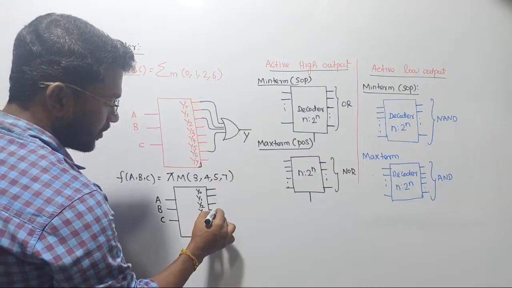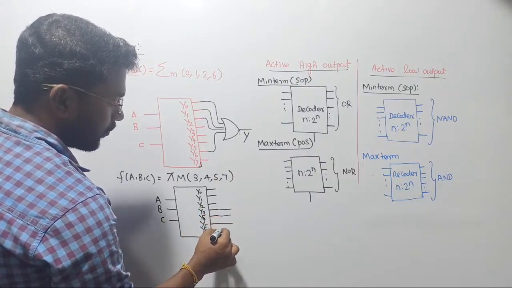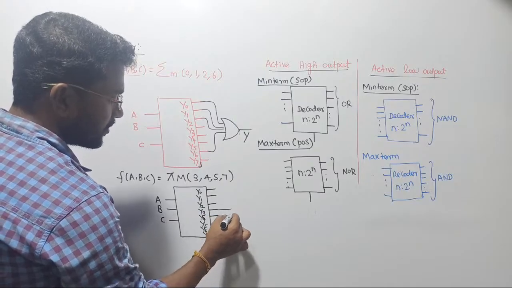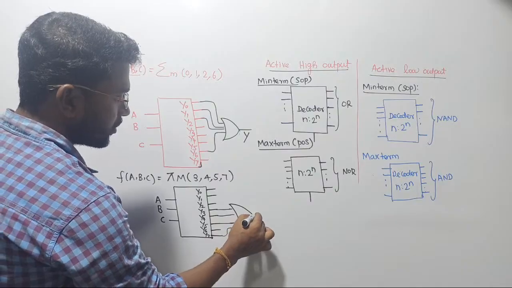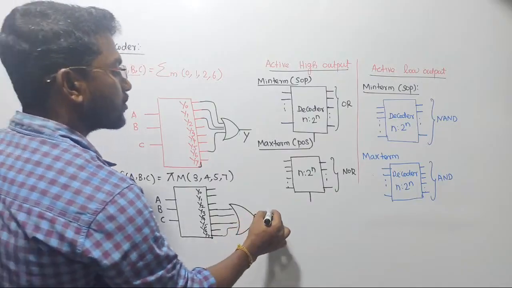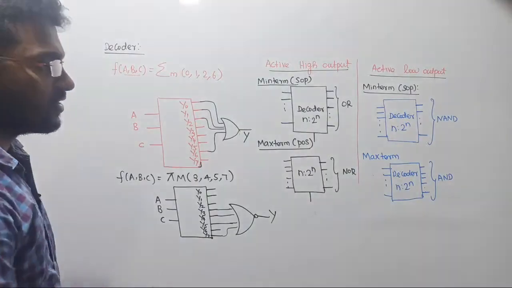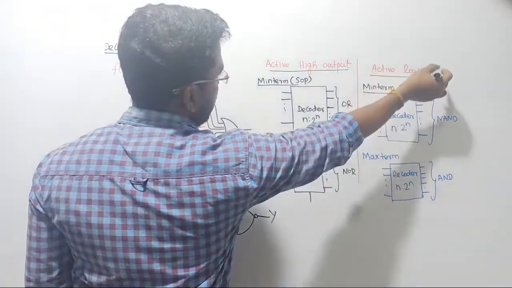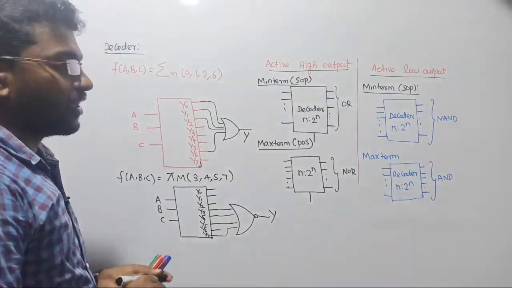Where is 3? This is going to be 3 now. Where is 4? This is going to be 4. This is going to be 5. This is going to be 7, right? Such that these all are implemented with which gate? We have to use a NOR gate. That is going to be the total output. Any doubts now? No. In the same way, we can also implement the circuit with the help of active low output.